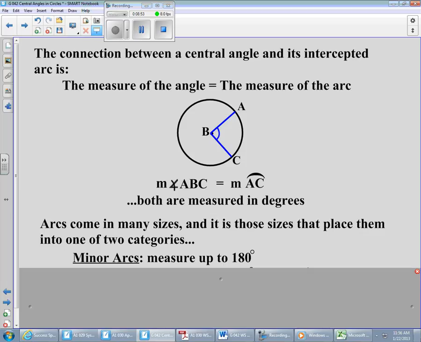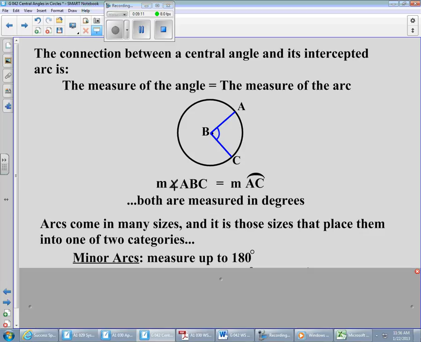Minor arcs are arcs that measure up to 180 degrees, which is to say they take up less than half of the circle's circumference.